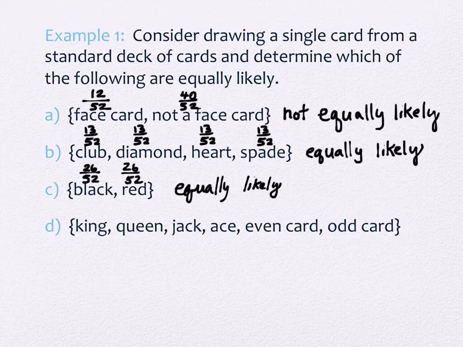All right. King, queen, jack, ace, even, odd. Oh my goodness. How do we have for these? Kings. 4 out of 52. Queens? 4 out of 52. Jack? 4 out of 52. Ace? 4 out of 52. So it's looking good. And then we hit even.